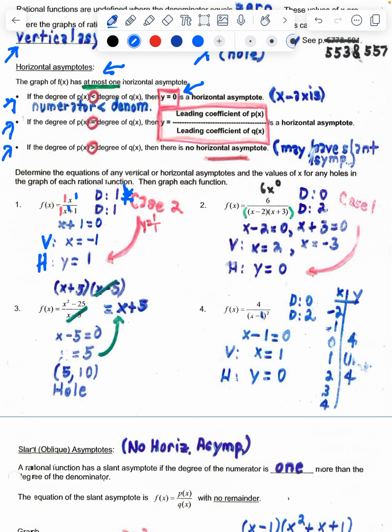And in the denominator, if you took that product, it would be x squared. And so the degree of the denominator is 2. And so we have case 1, the degree of the numerator is less than the degree of the denominator, and we automatically have y equals 0 as a horizontal asymptote.